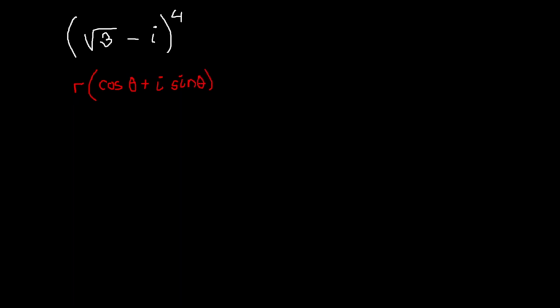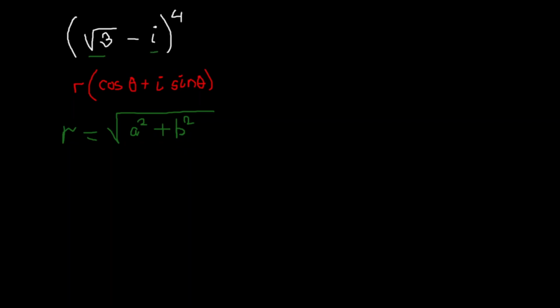Let's find the r first. The radius equals the square root of a squared plus b squared. Here a is the real part and b is the imaginary part.